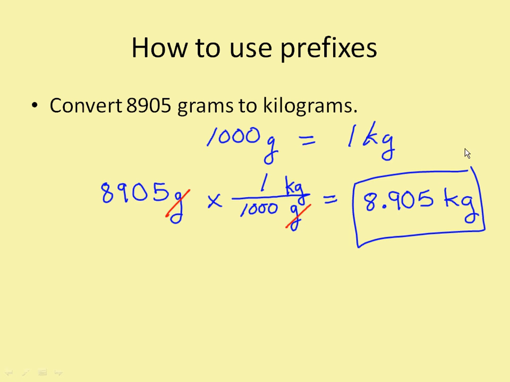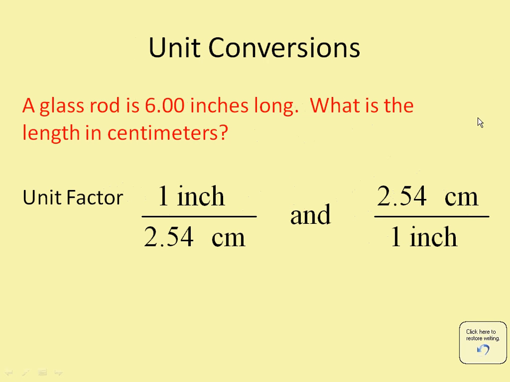So, unit conversions. One of the conversions you will learn is that 1 inch is exactly 2.54 centimeters. So this is an exact measurement, and we want to convert or change inches into centimeters.